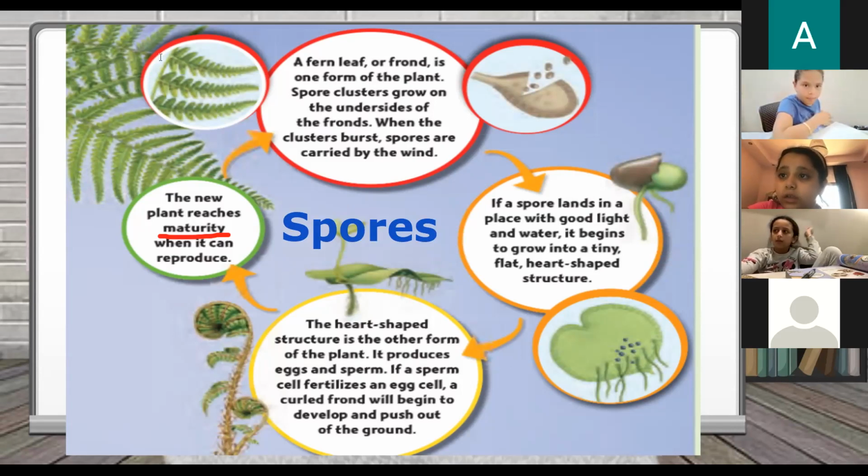Okay. When you take a look under the leaf, can you see the spores, or are they covered in a small bag called a cluster? They are covered in a small bag called a cluster. Excellent. When this cluster opens up, the spore will land in a place with good light and water.